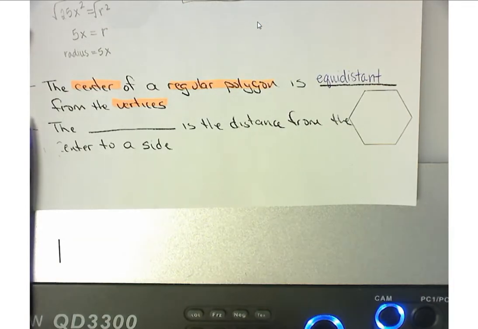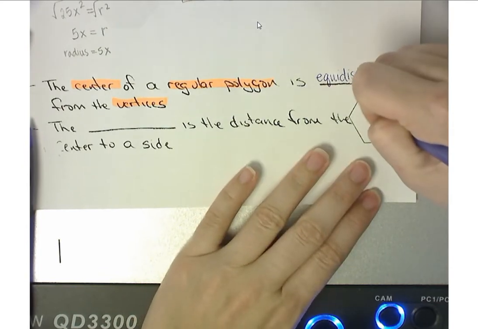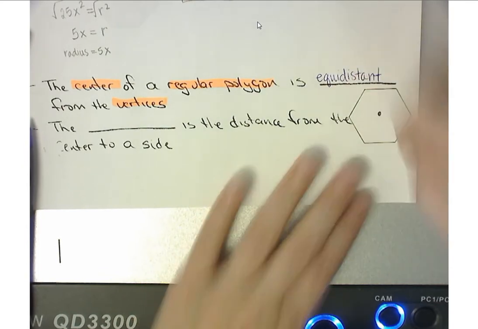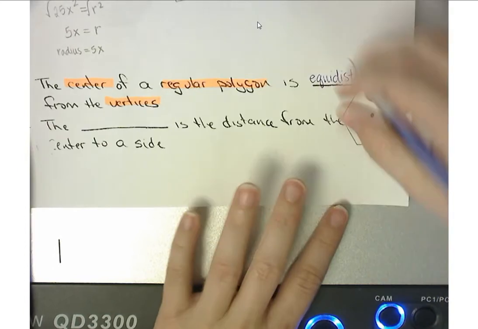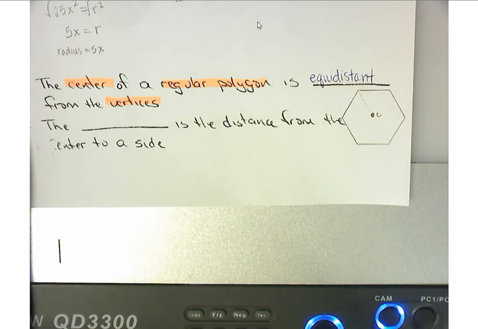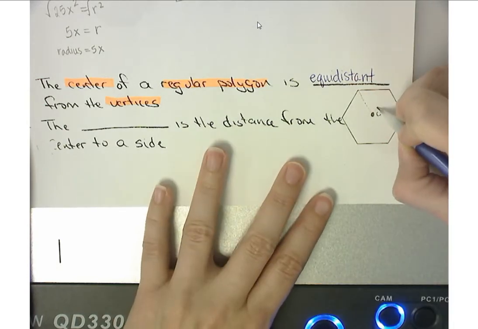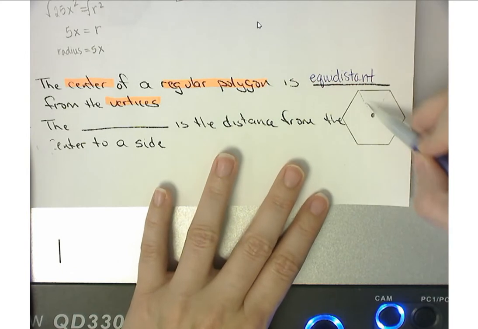Okay, and then it's saying that the center is equidistant from its vertices. So here's my center. One of my vertices is going to be here. If it has 6 sides, do you guys know how many vertices it has? 6.